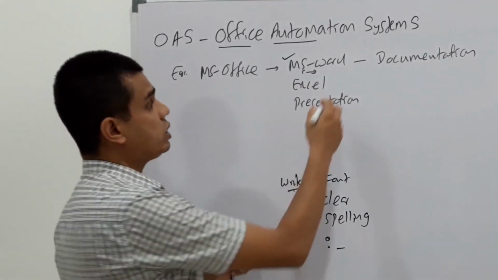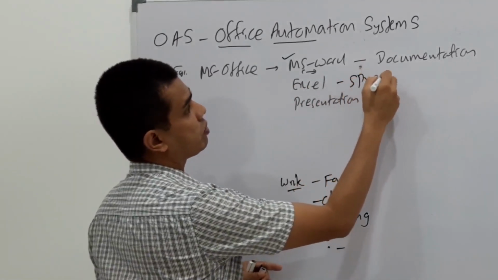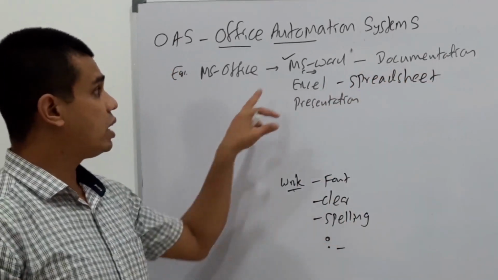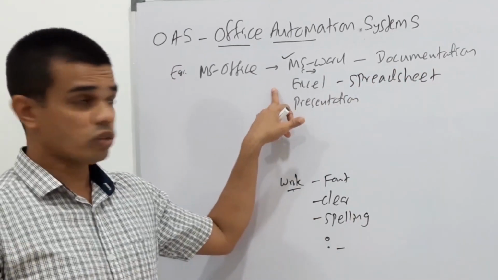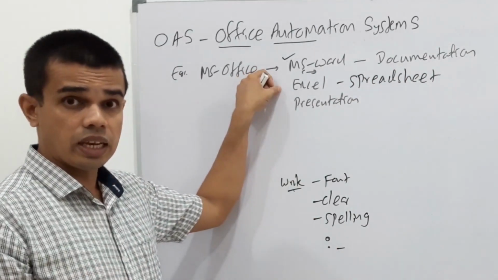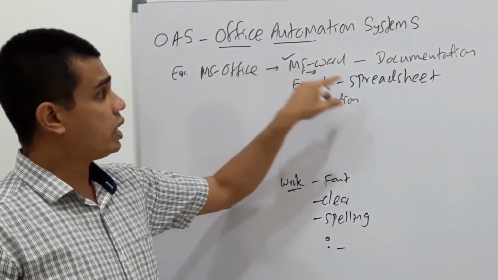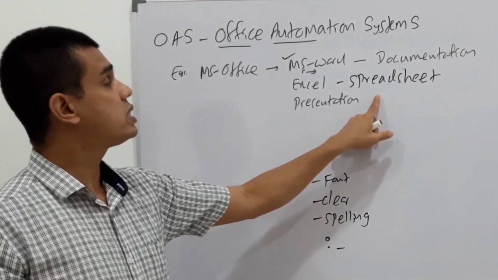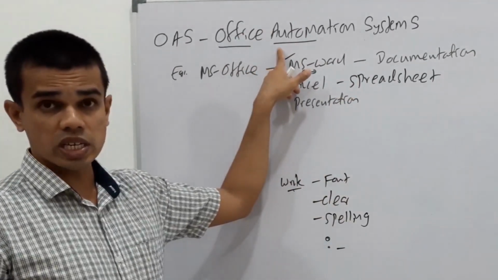Even the spreadsheet, or Excel, as we call it, also makes the calculation part easier. We don't need to do the counting. Why? The formulas available in Excel will do the calculations, and we can do the formatting to make it clearer. So that's some level of automation in office activities.